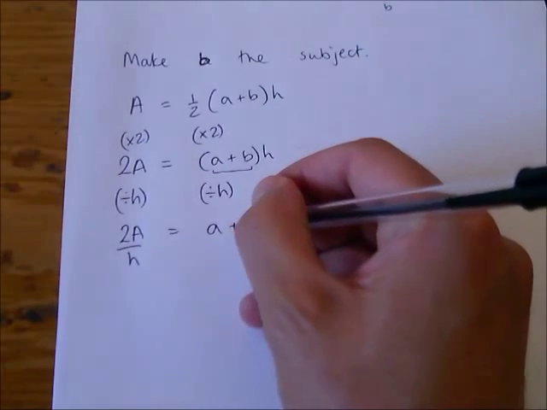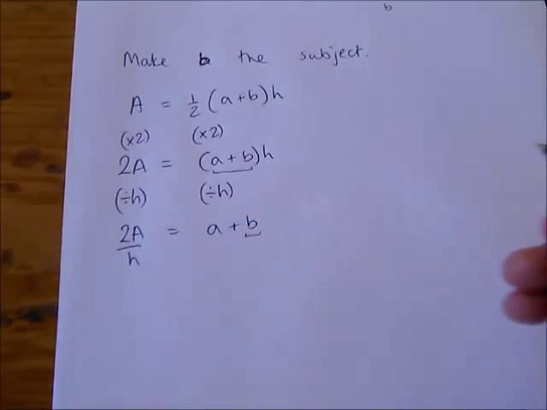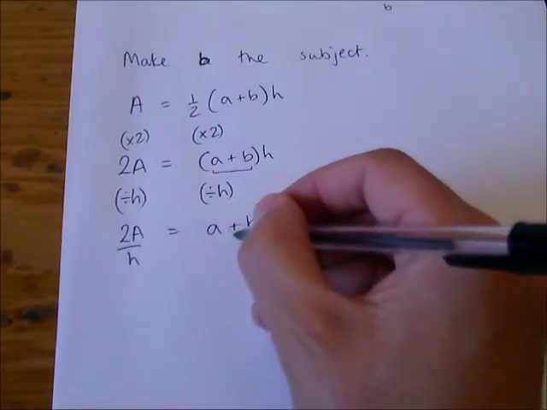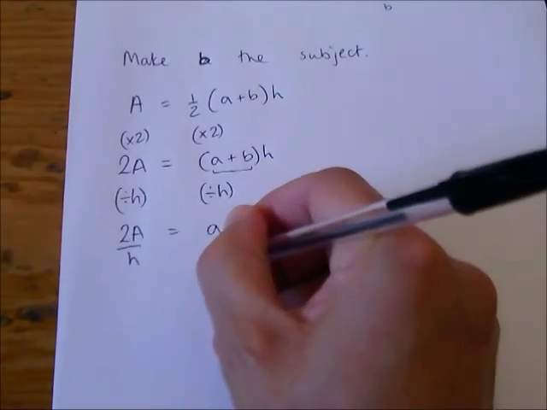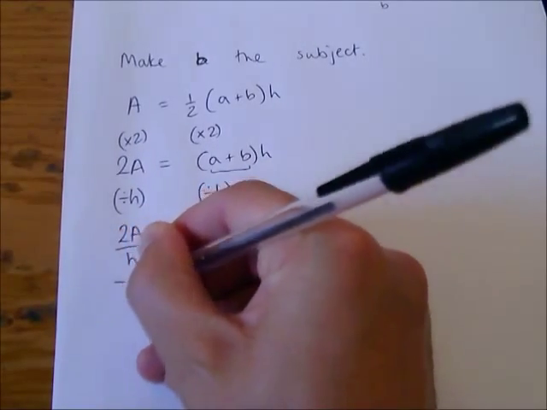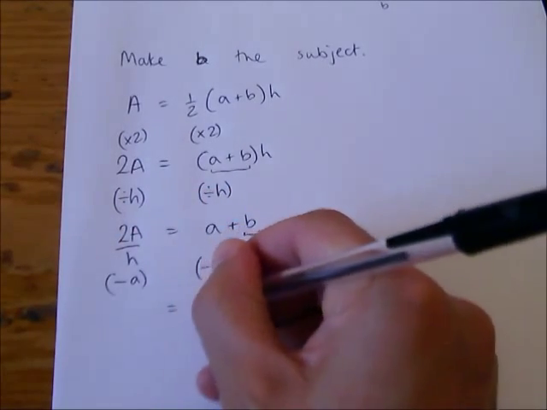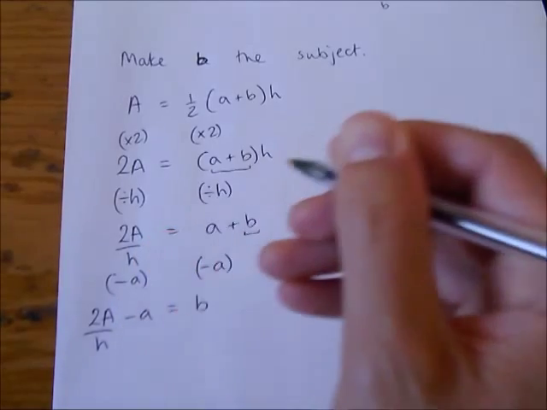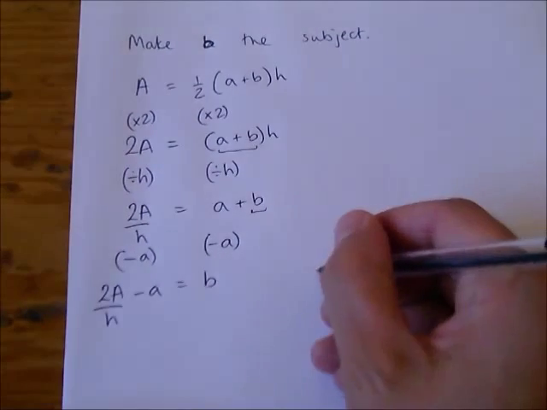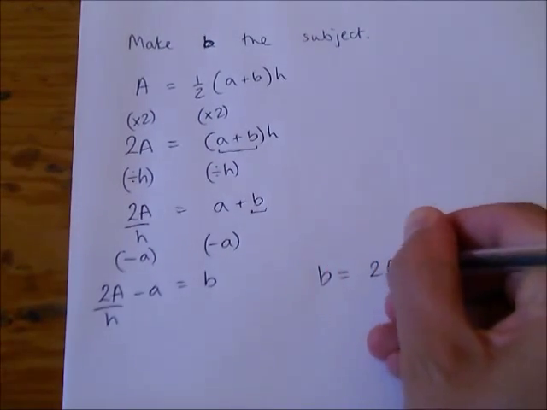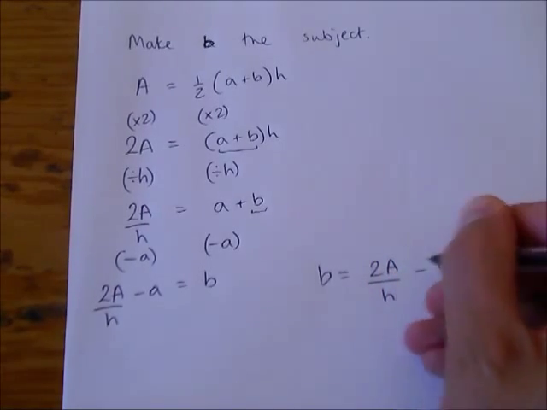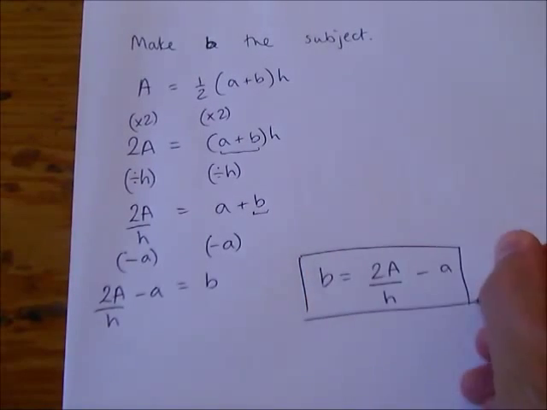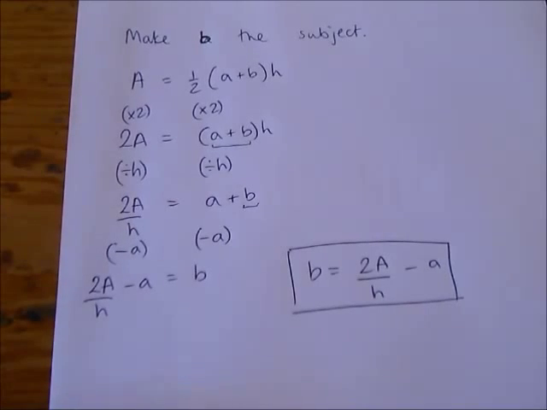And now I just want to get b on its own, remember, there it is. Okay, so I need to get rid of this a, so I'm going to subtract it away. You get b equals 2a over h minus a. Let's write that out a bit nicer here. And we're done.